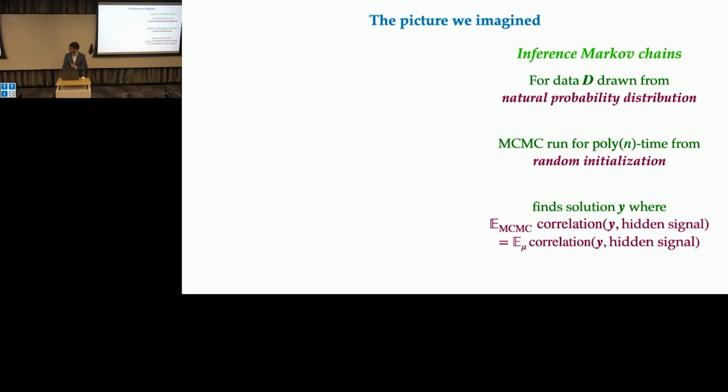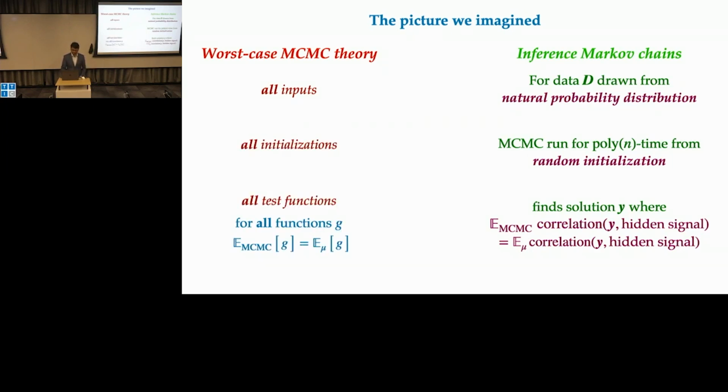Okay, now let's contrast this with the kinds of guarantees that we are used to showing for worst case Markov chains. So typically, for worst case Markov chains, we say something like: for any input, for any initialization you could have chosen for your Markov chain, and also for any test function, the average of that test function under the Markov chain distribution matches the true stationary distribution.